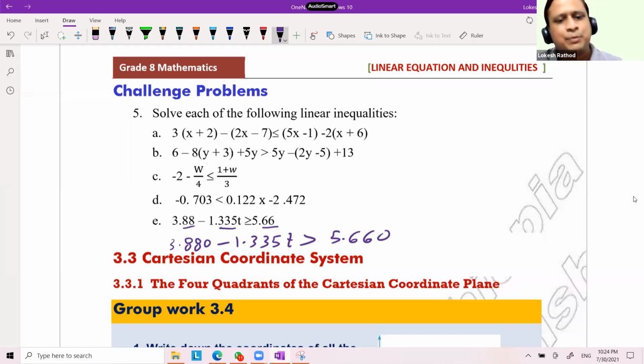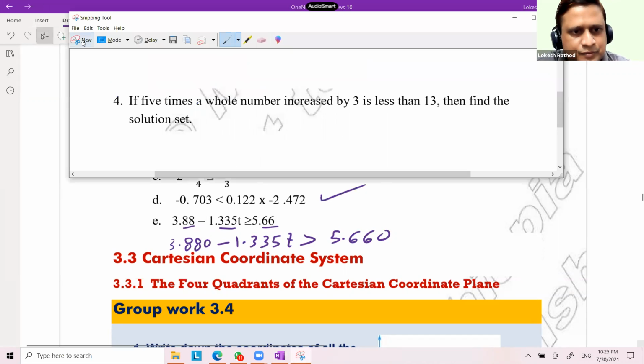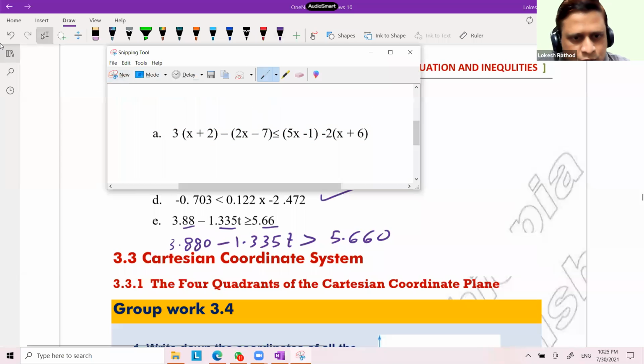Now you simply multiply by 1000. So the decimal gets removed, then you can solve it, right? Same thing here. Obviously, we can do part A here, if I want to solve it.